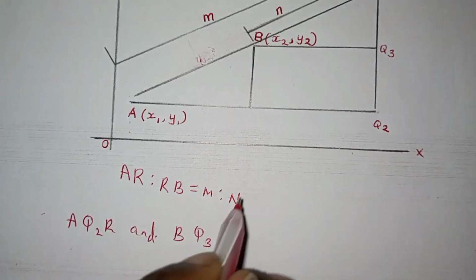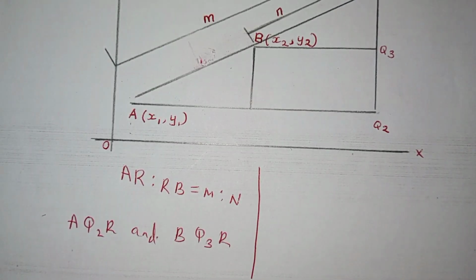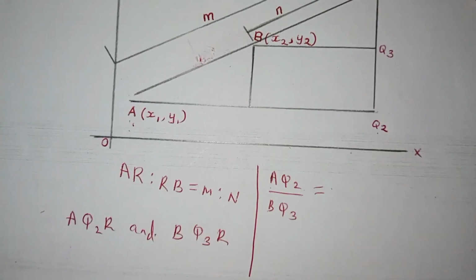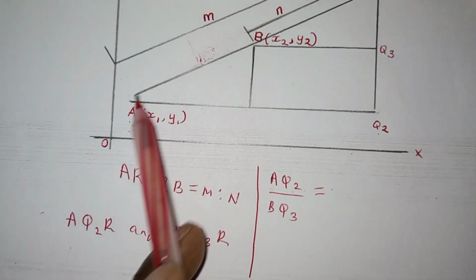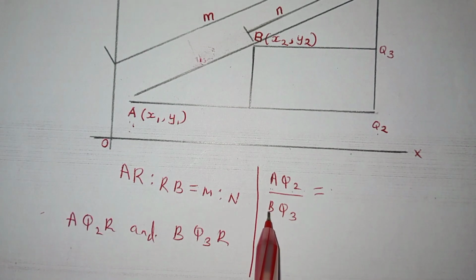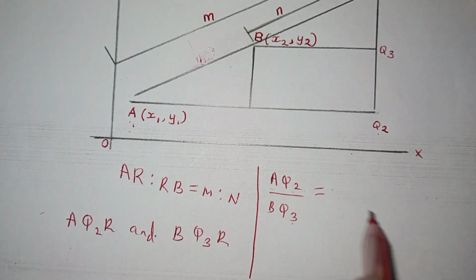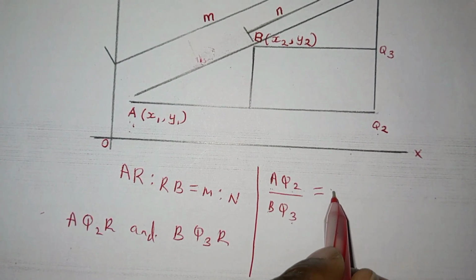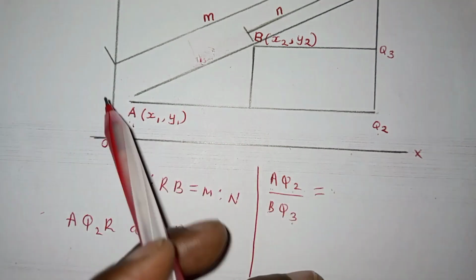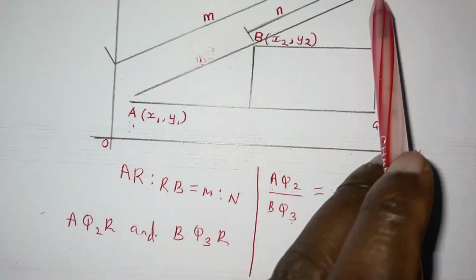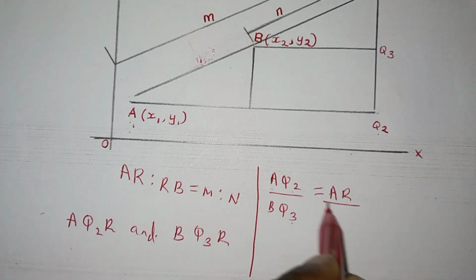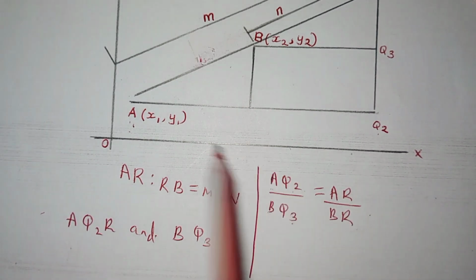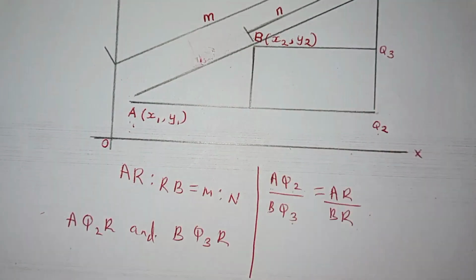So comparing their ratios, we shall have AQ2, this base, divided by BQ3 will be equal to the hypotenuse, which is AR, divided by BR. AR divided by BR.